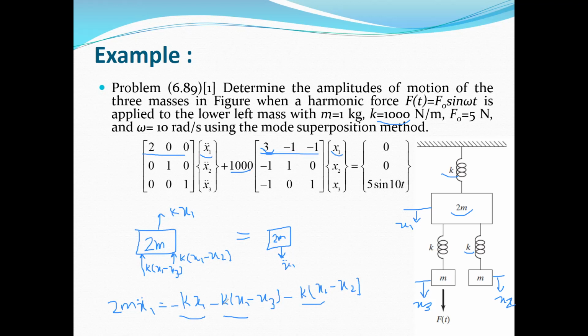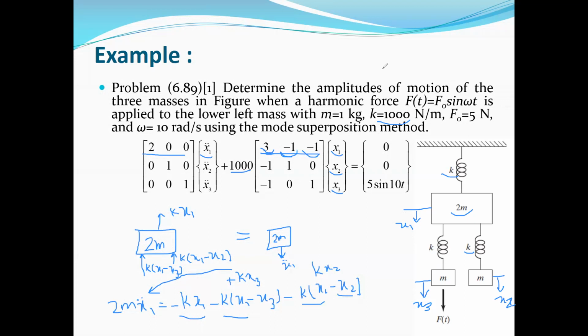Here we have minus k times minus x3, so it will be plus kx3. When you move it to the right-hand side of the equation, it will be minus k times x3, or minus 1 times x3. Again for x2 we have the same k times x2. When you move it to the left side of the equation, it will be minus k times x2. So this is the first equation.